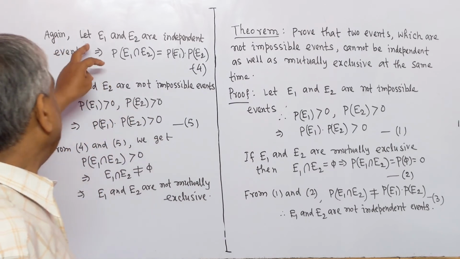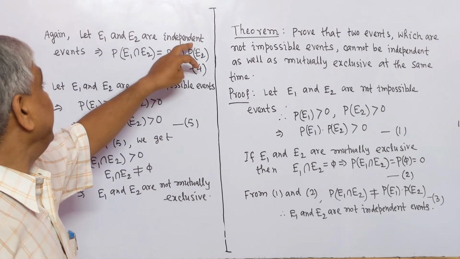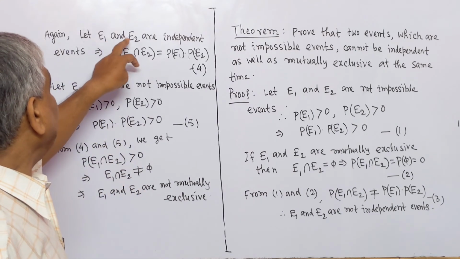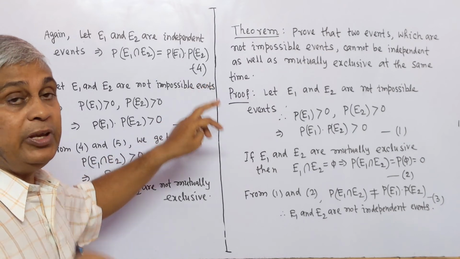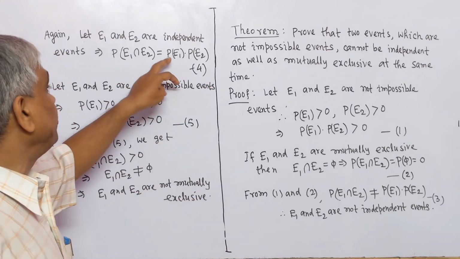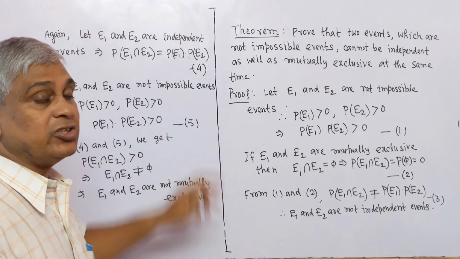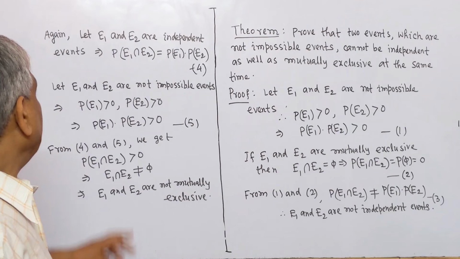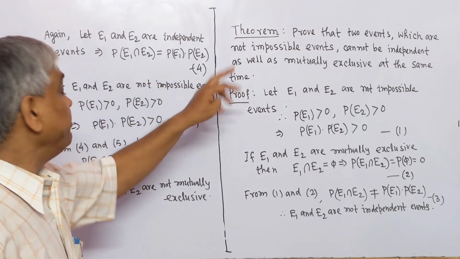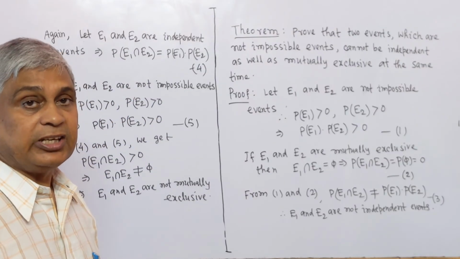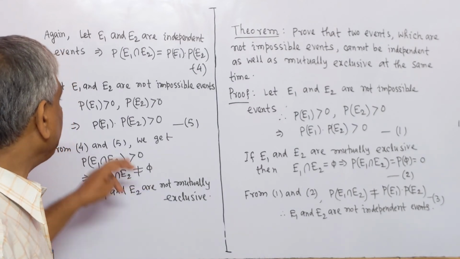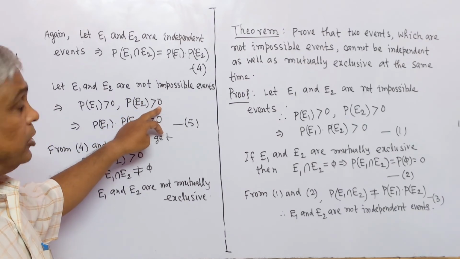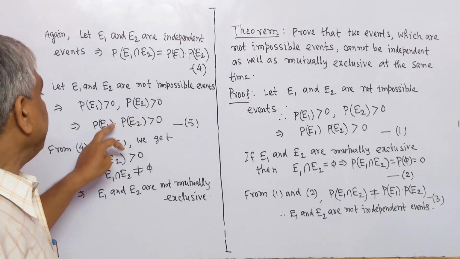Now again, let E1 and E2 are independent events. Now we consider, if E1 and E2 are independent events, then P(E1 intersect E2) equal to P(E1) multiply P(E2). This is the condition for independent events. Let E1 and E2 are not impossible events, that is possible events. Therefore, probability of E1 greater than 0, probability of E2 greater than 0. Therefore, their multiplication is greater than 0.